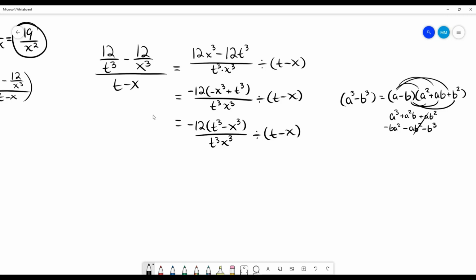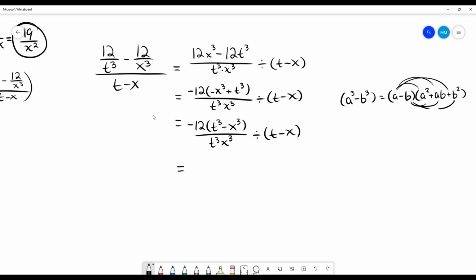And so those cancel, and then we get a cubed minus b cubed. Oh, good. So this is right. That little rule up there means that we can factor this out happily.